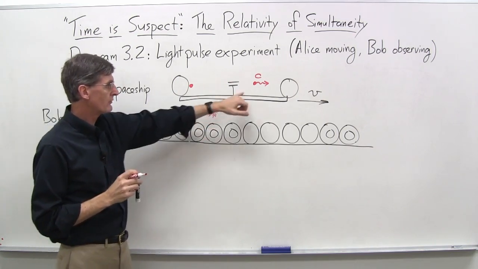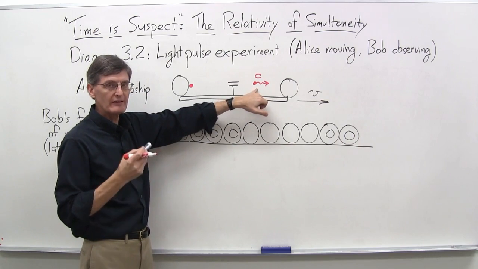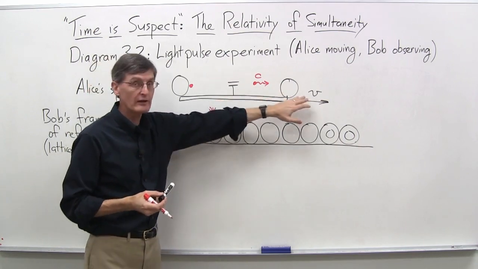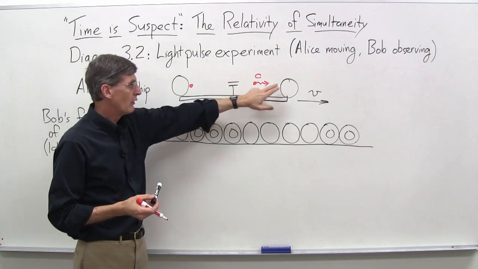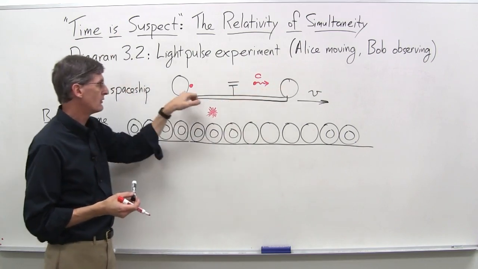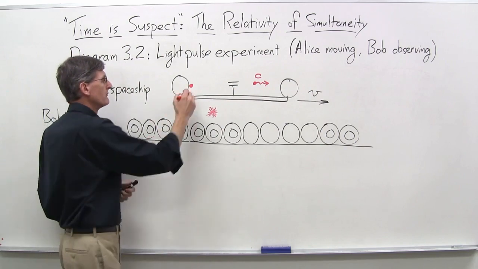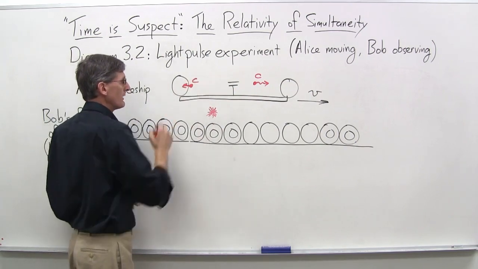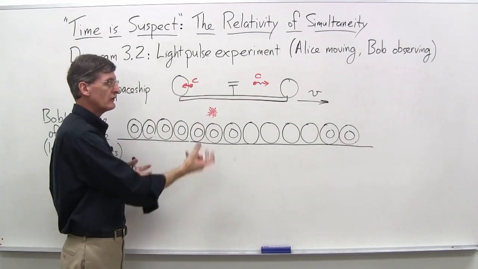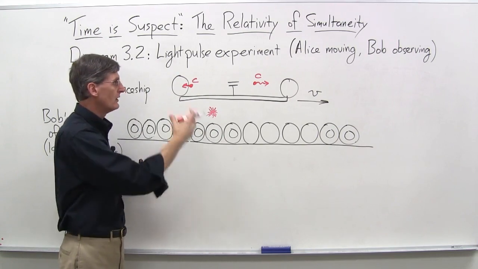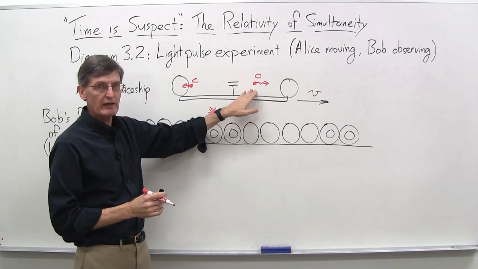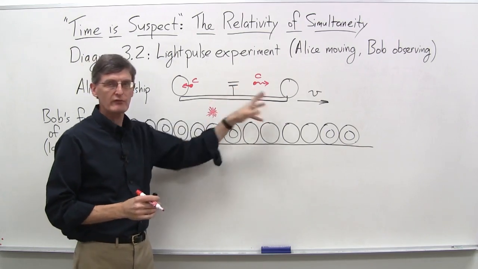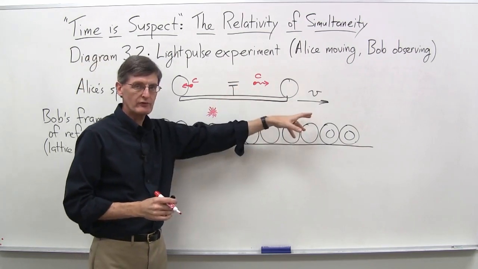Just because the velocity of light is always c and it's not c plus v, this light pulse, from Bob's perspective, will reach this clock after this light pulse reaches this clock, because this light pulse has been traveling at velocity c, not c minus v like in the paintball example, but just c. So this clock is moving away from this light pulse, and this light pulse is not getting any extra velocity to catch up to it faster.